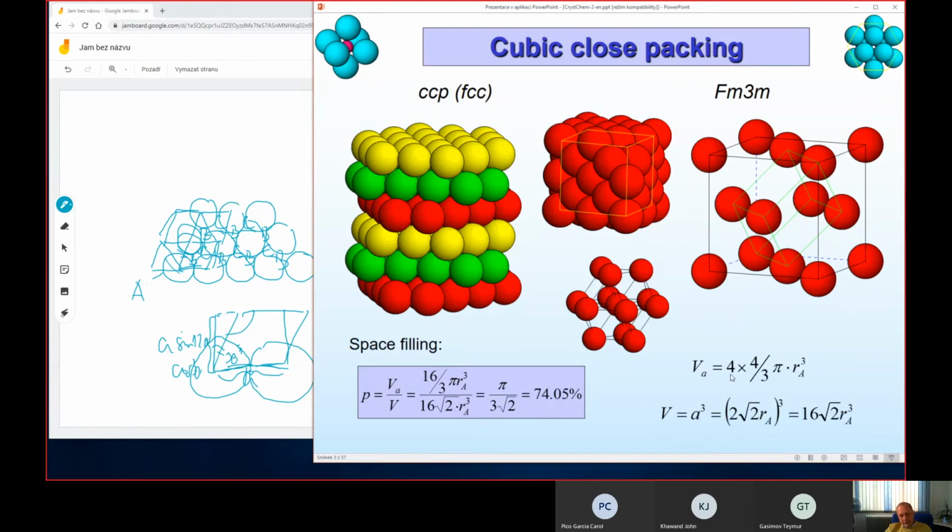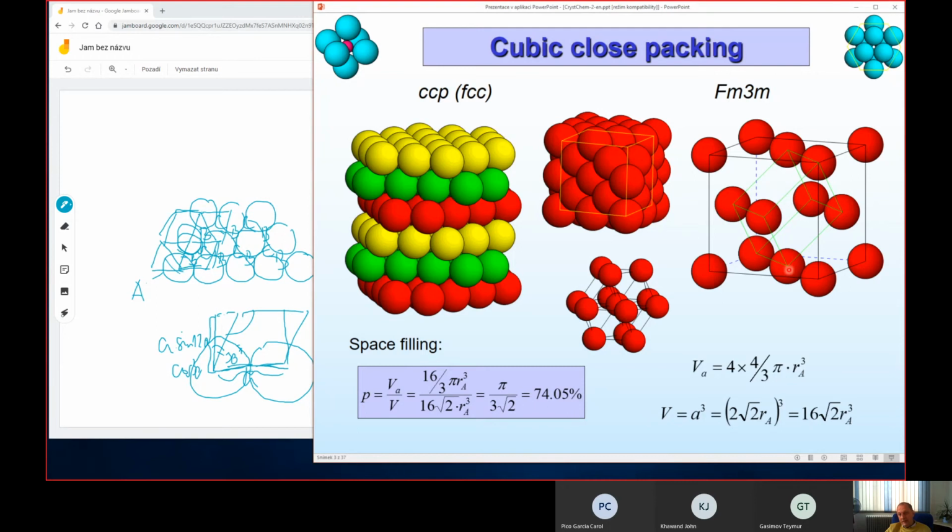Here we have 4 atoms times the volume of a single atom expressed in terms of the atomic radius, and the volume of the unit cell is a cube. And now we use the condition that the atoms on one face must touch on the face diagonal.